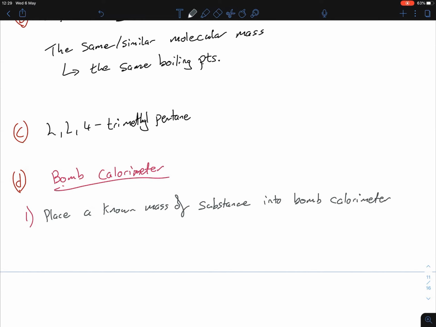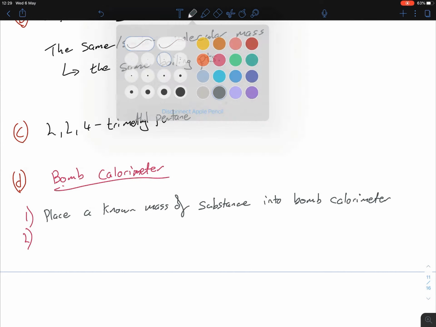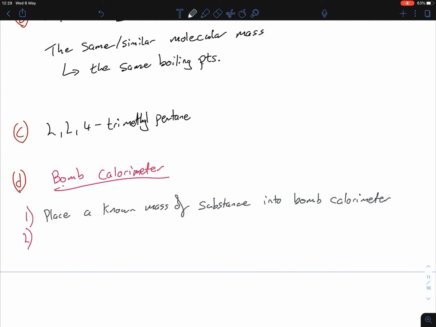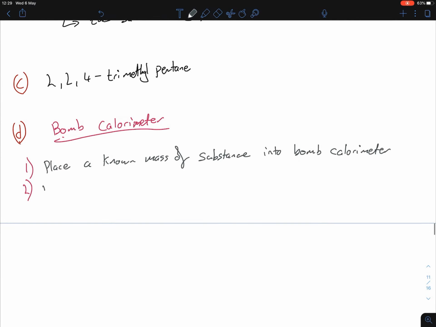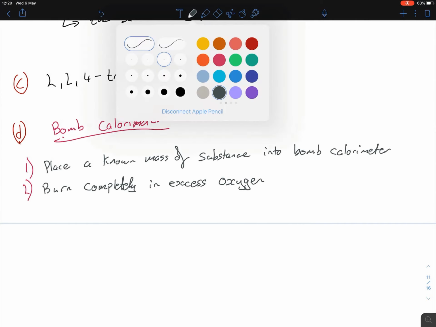Step 2. Burn it completely in excess oxygen. Again, it has to be using the words excess oxygen to ensure the reaction goes to completion, and therefore there'll be the max number of products.